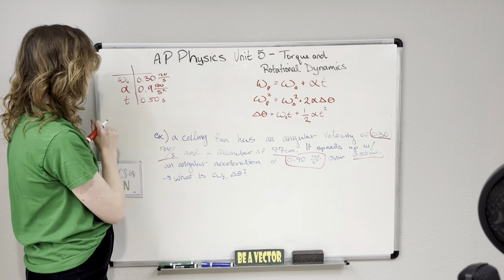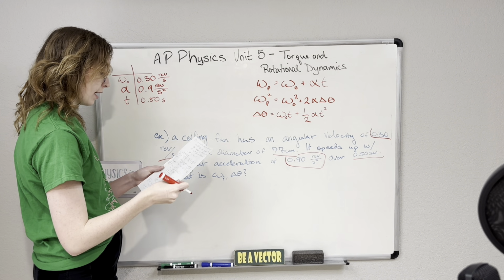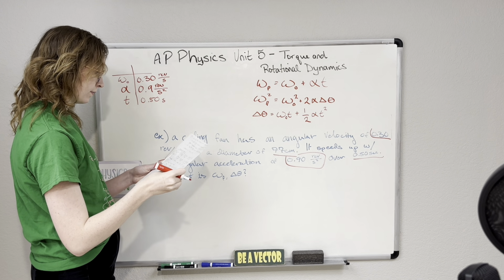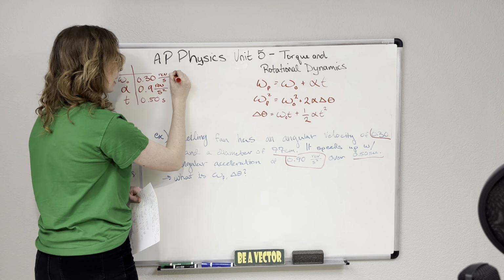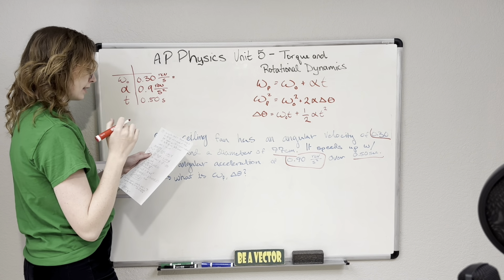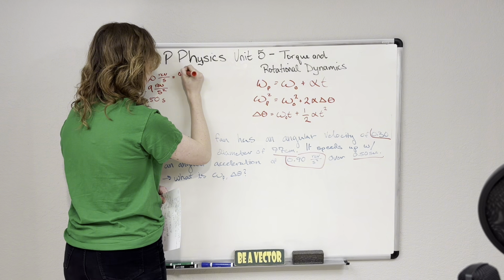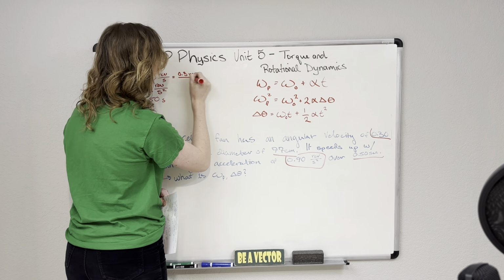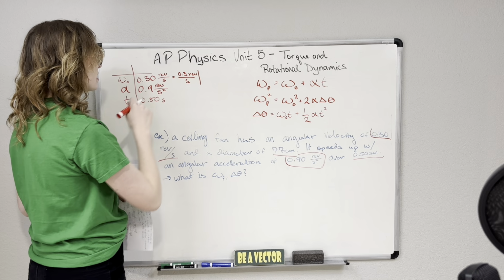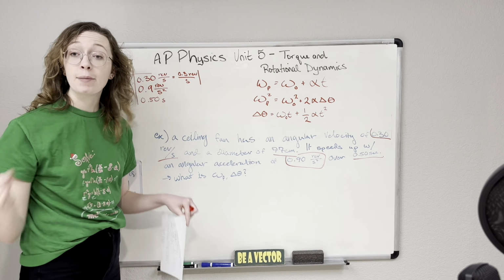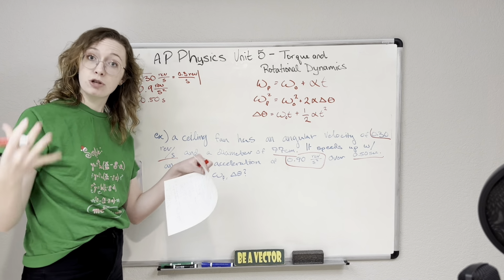So let's first start with our value for our angular velocity. It's 0.3 revolutions per second. We know that that is equal to 0.3 revolutions per second, and we're going to convert it using our little train tracks. Well, if we're trying to convert to radians per second, how many radians are in a revolution? 2 pi.